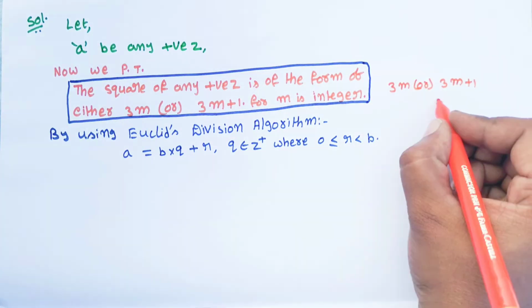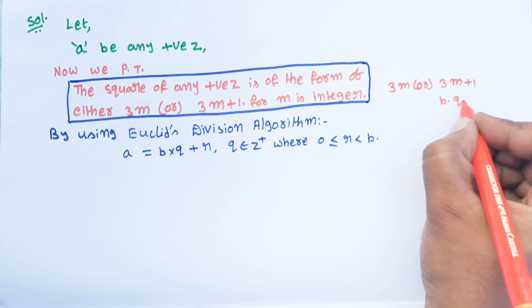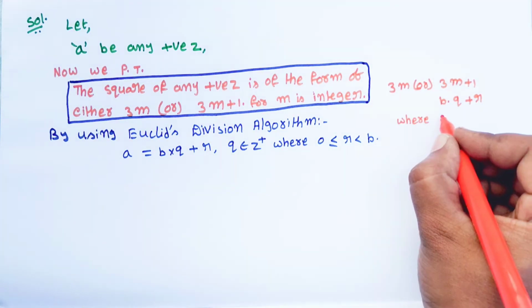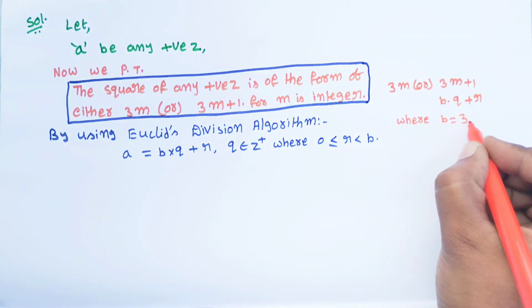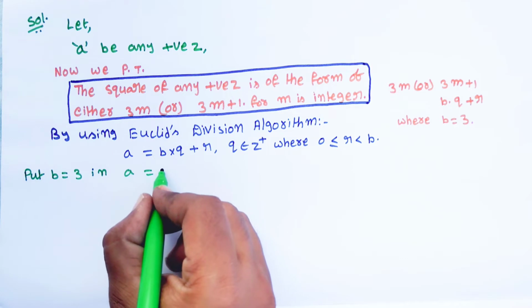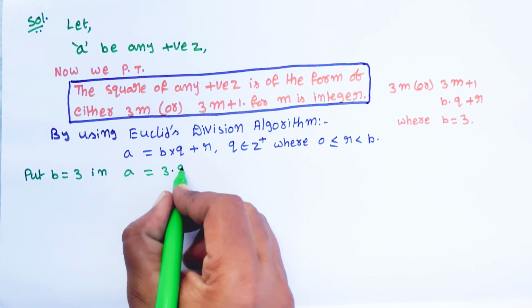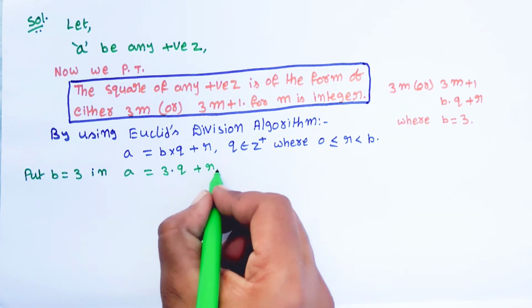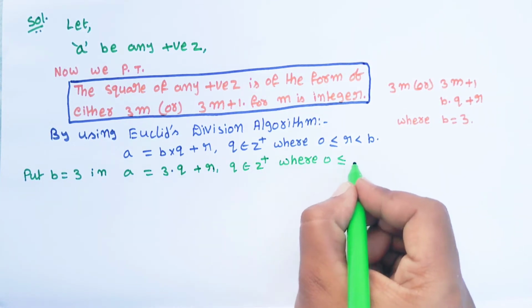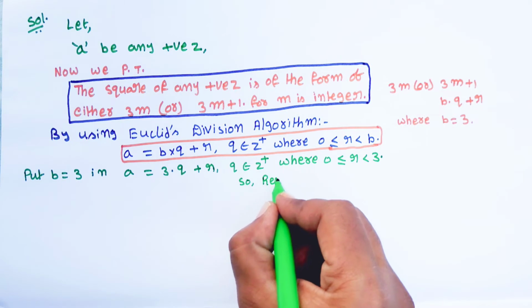Comparing 3m or 3m plus 1 with b into q plus r, the value of b equals 3. Put b equals 3 in the above equation: a equals 3q plus r, where 0 less than or equal to r less than 3.